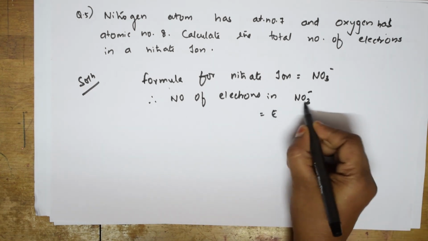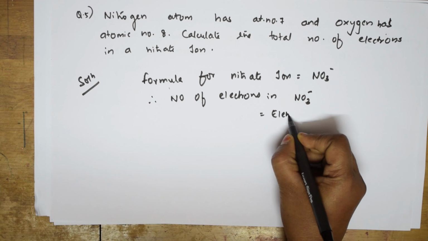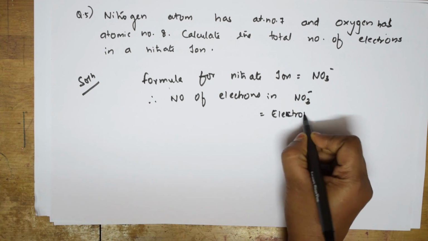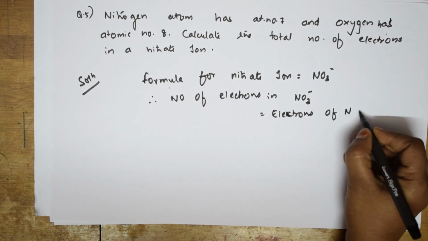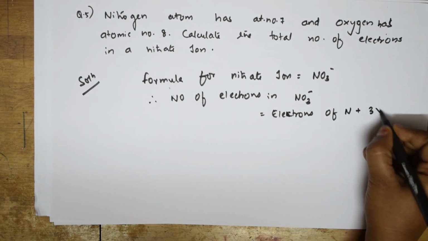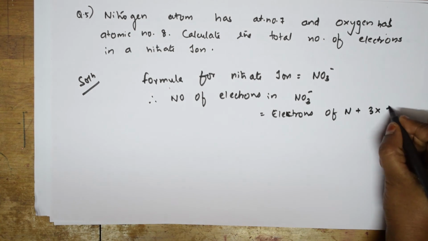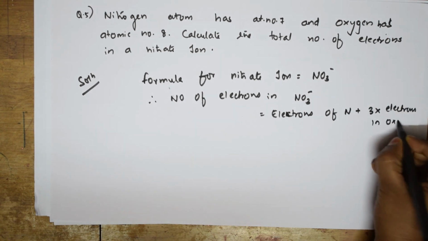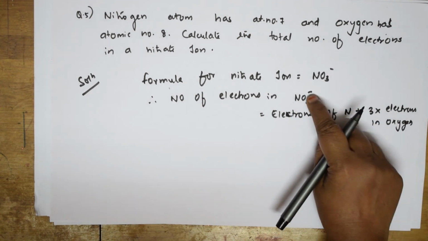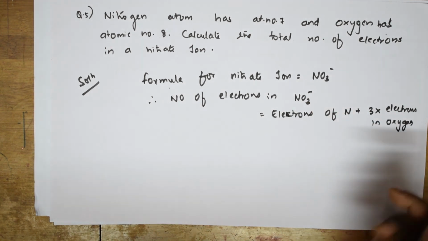We have two elements in this, isn't it? So electrons in nitrogen, plus 3 into electrons in oxygen, since there are 3 oxygens. Plus there is one more thing you should observe: one extra electron, so plus 1.